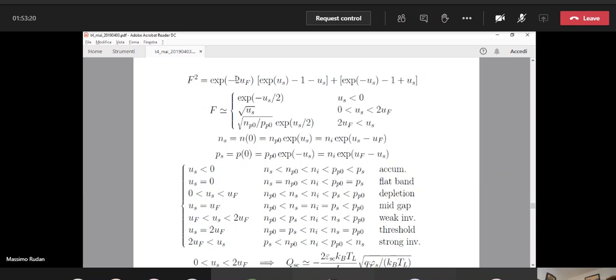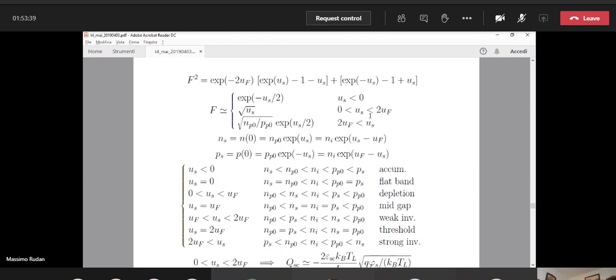But at some point, if US keeps increasing, then US will become larger than UF. And at this point, this exponential will become dominant, regardless of the small factor in front of it, okay?